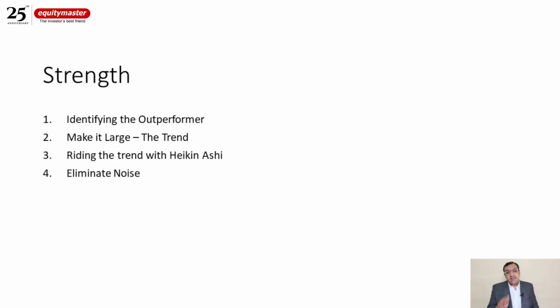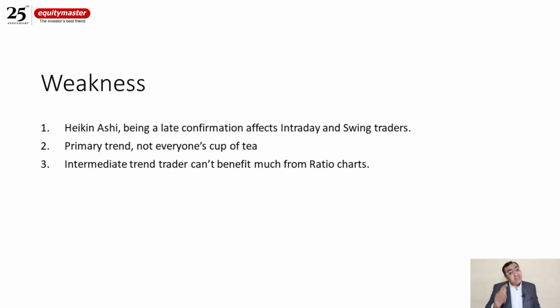Now the weaknesses. No system is foolproof or 100% certain to make money. And if someone is saying that their system works 100%, they are definitely fooling you. So again, I'm highlighting the weaknesses of the system as well. First, Heikin being a slightly late confirmation, your risk reward takes a slight toss. Second, primary trend, as I said, some traders don't follow the primary trend, so it's not everyone's cup of tea.